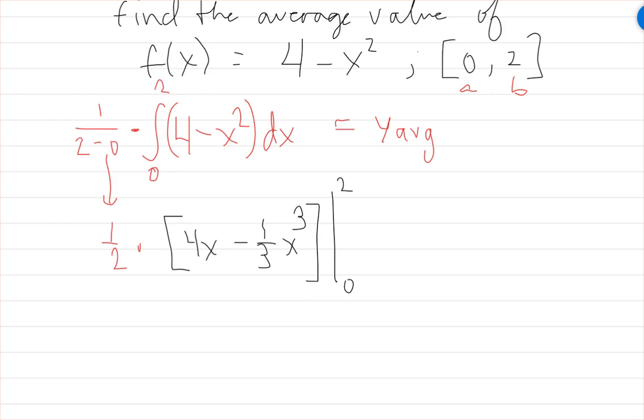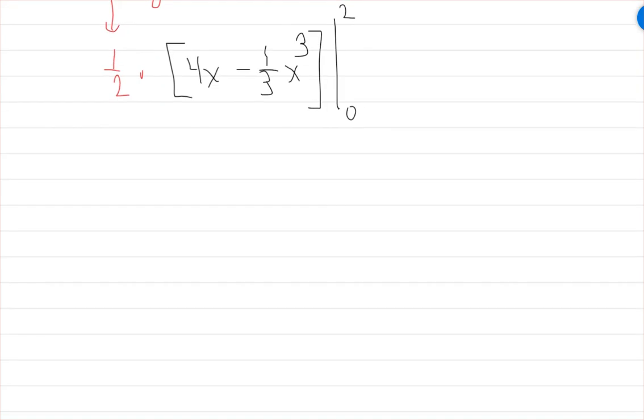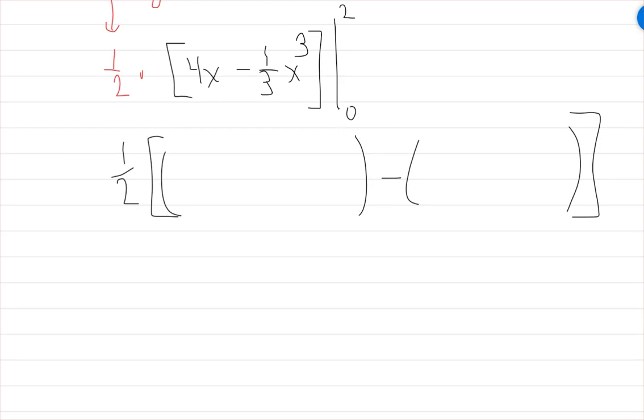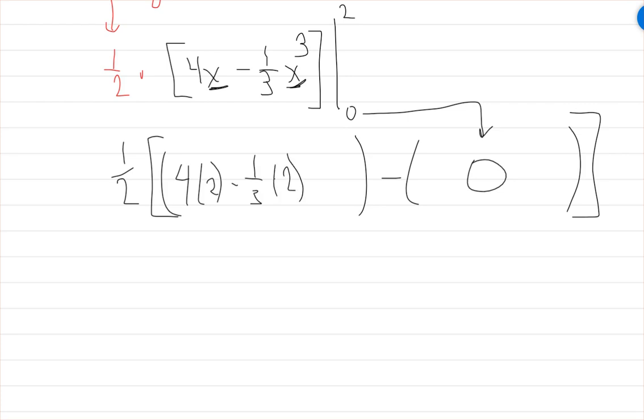And this is going to be equal to 1/2 times, and right, this guy goes here and 2 goes here. And I know that because both of these have an x, this whole thing's just going to be 0. So this is going to make my life a little easier. So this side's going to be 4 times 2 minus 1/3 times 2 cubed. And then all of that will be times 1/2.